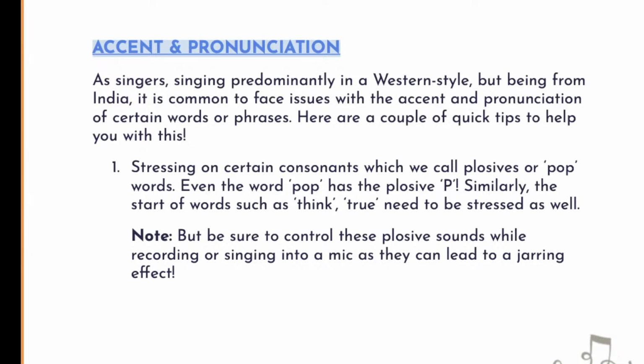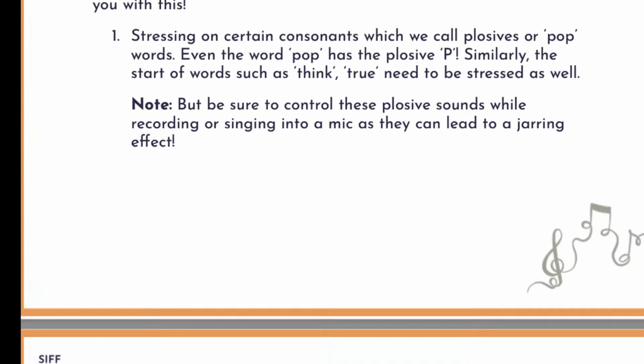In most cases it's going to be a stressed k. That is what I mean by these pop words or pop sounds. So please pay attention the next time you're listening to your favorite English song, and I'm sure you'll observe in each line there are going to be these plosive sounds which you need to stress to sound a bit closer to pronouncing the words the way the singer is doing.